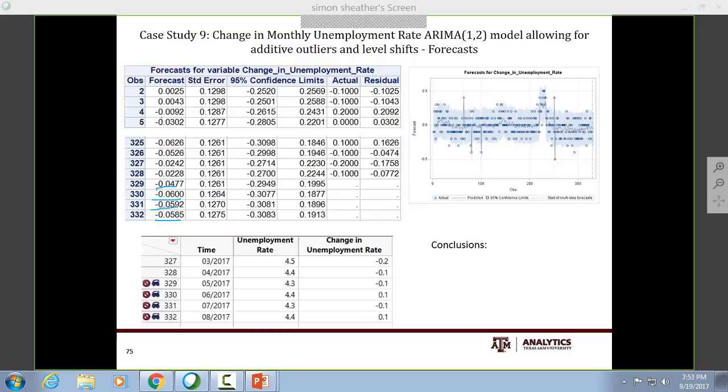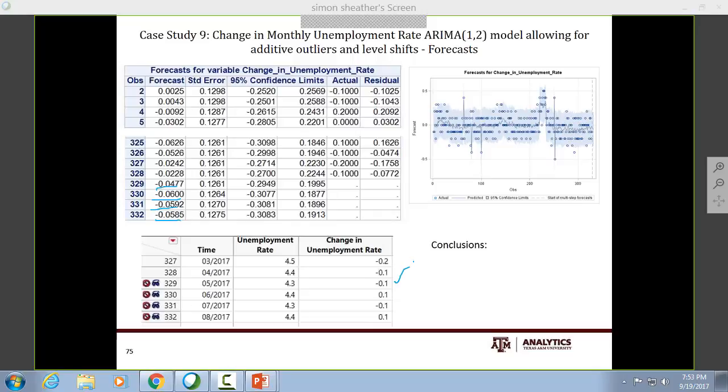So it says unemployment is going to be going down. Now, what happens with the actuals? Down here? Well, the actuals are minus 0.1. We do pretty good there, right?